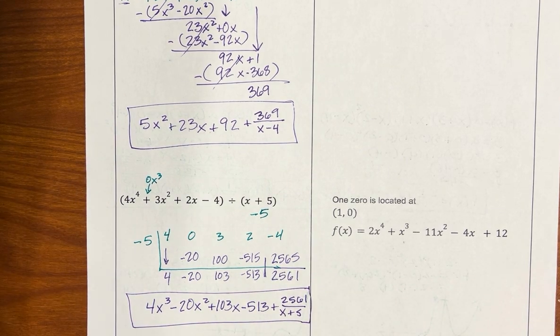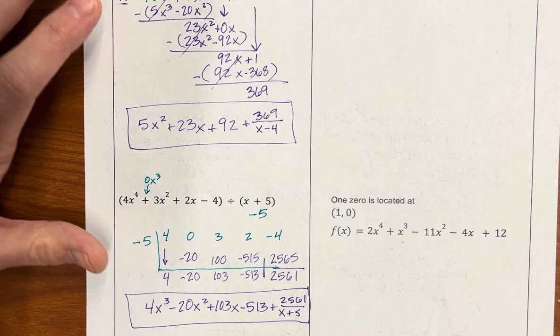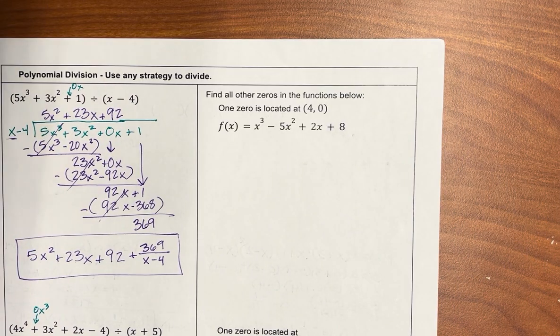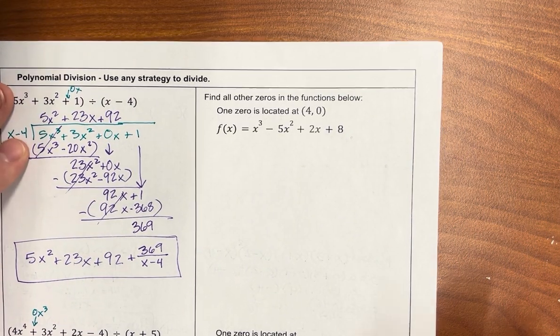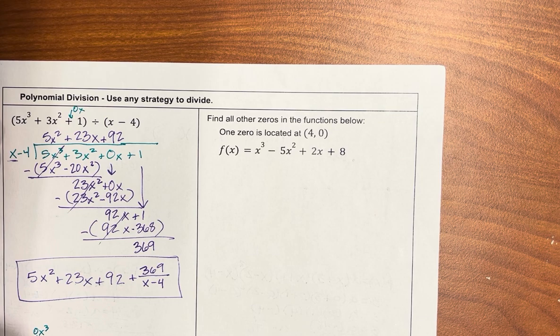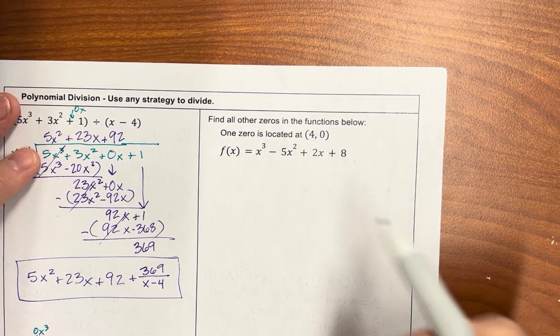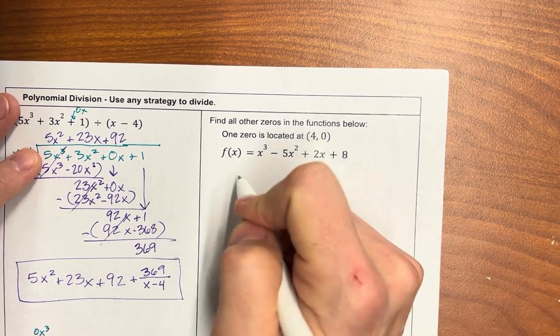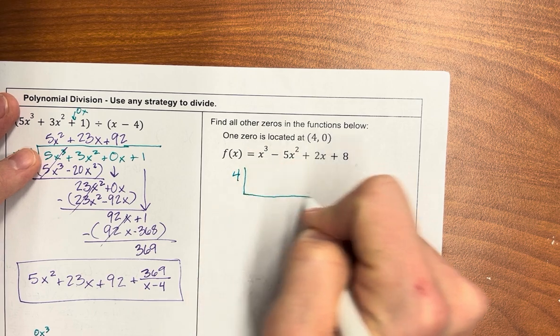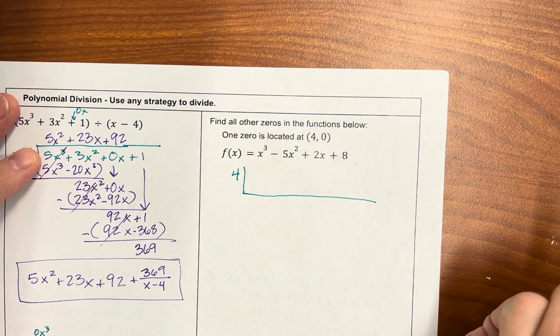Okay, so for the last couple questions, we are going to factor completely. So that means I have to find every single factor of this function. So what I will do is take the 0 that they gave me, and that is what's going on the outside when I'm using synthetic division.